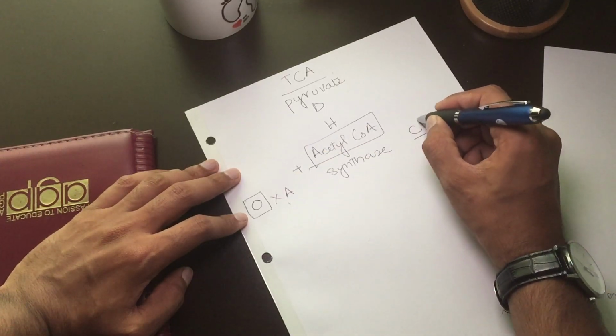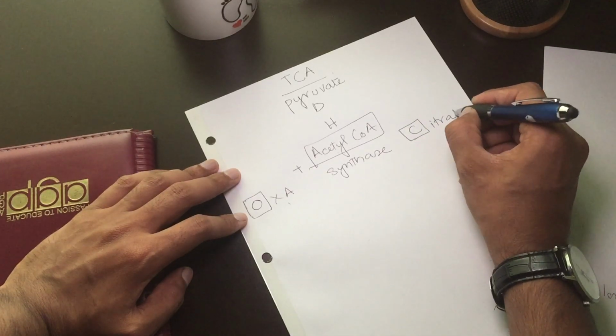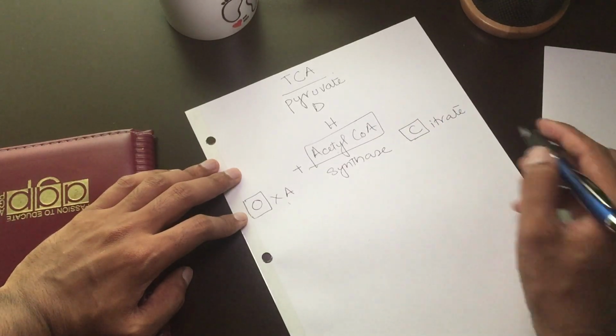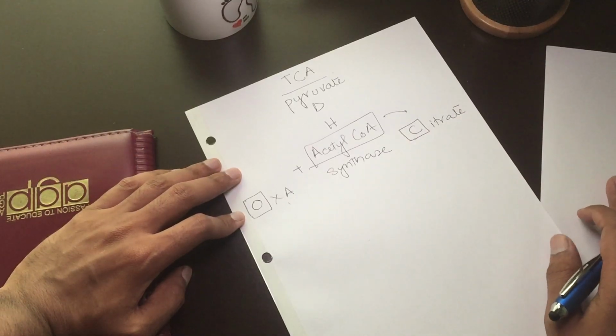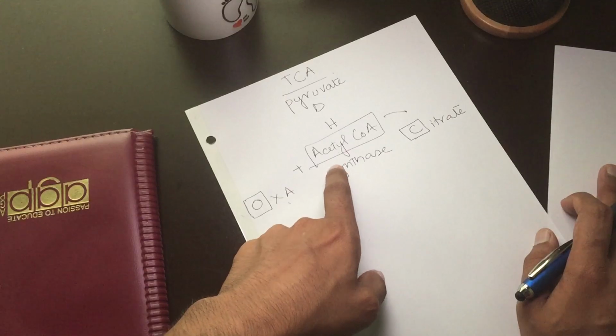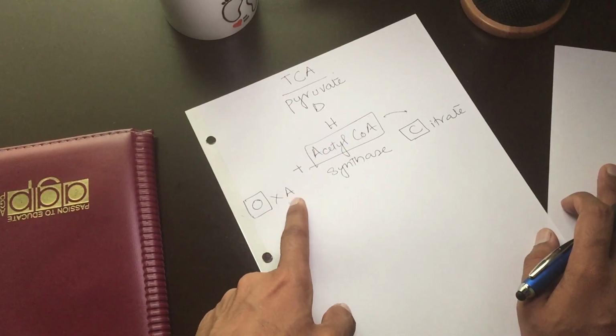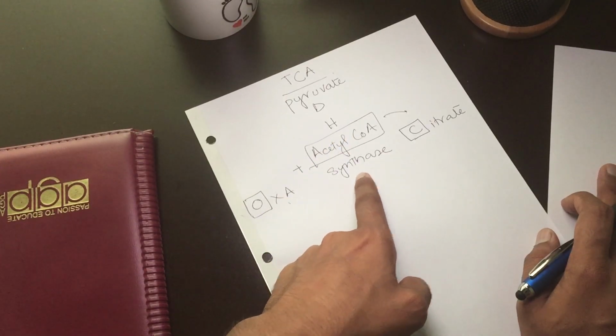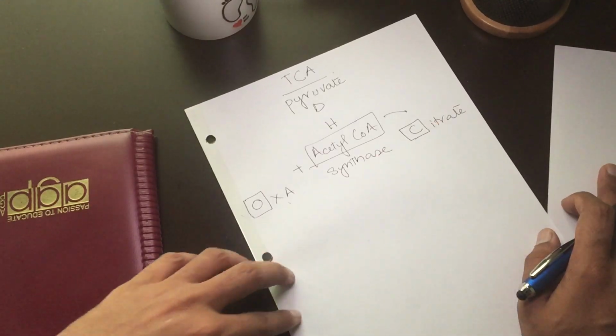So the enzyme here is citrate synthase, and we are making citrate. Acetyl CoA reacts with oxaloacetate with the help of citrate synthase to make citrate.